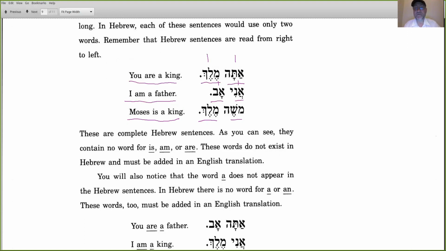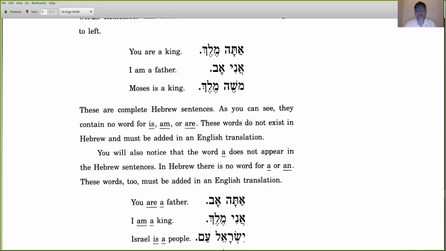Okay? So in Hebrew, there's only 2 words required to make a complete sentence, a simple noun sentence. But in English, it requires some more than that. Unless it's something like Yeshua wept. Have you ever seen that in the Bible? All right, so these are complete Hebrew sentences.